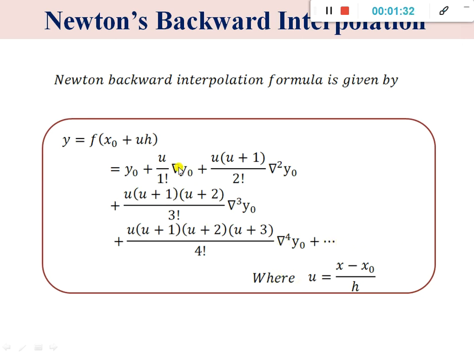Here u is nothing but x minus x naught by h, where h is the interval length.